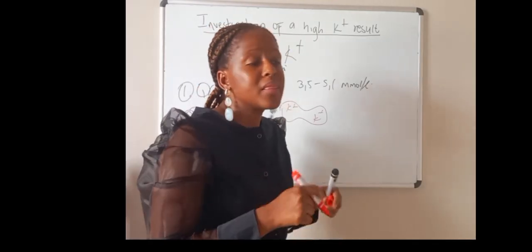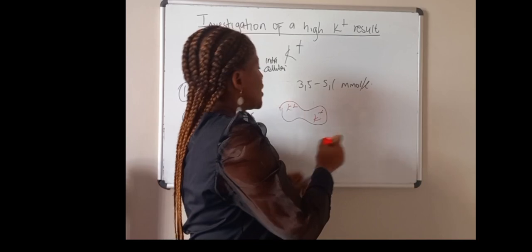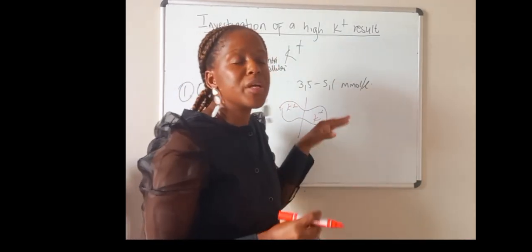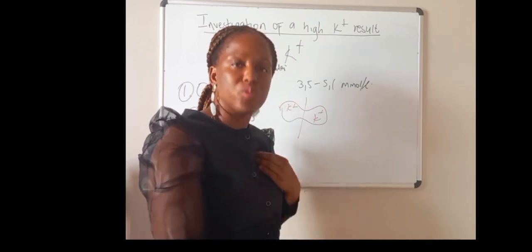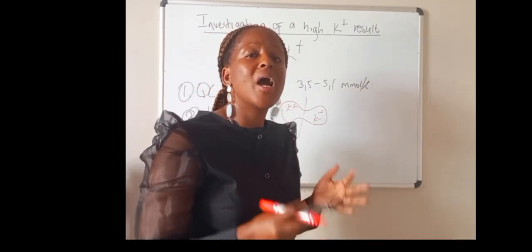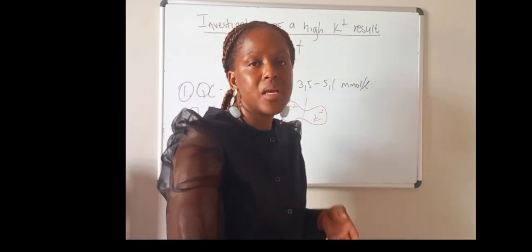If the cell breaks, it releases potassium into the extracellular fluid, and then when we measure it, we get a high result. But that result won't necessarily mean the potassium is high in the patient.